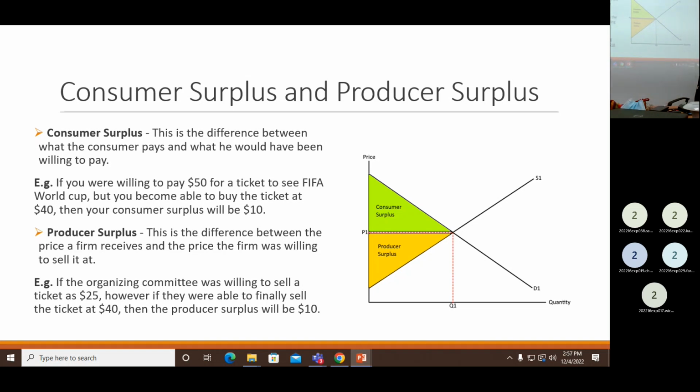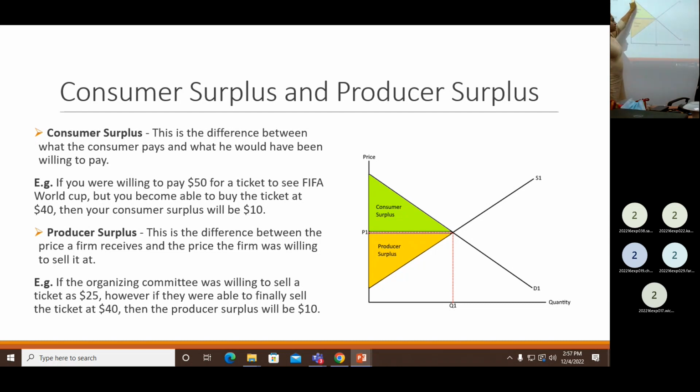Now, we know demand is a downward sloping curve. So this is the demand curve. It starts here. At quantity zero, the demanders, the buyers, were willing to pay a maximum of this price. Consumers at one point were willing to pay a maximum of this price.